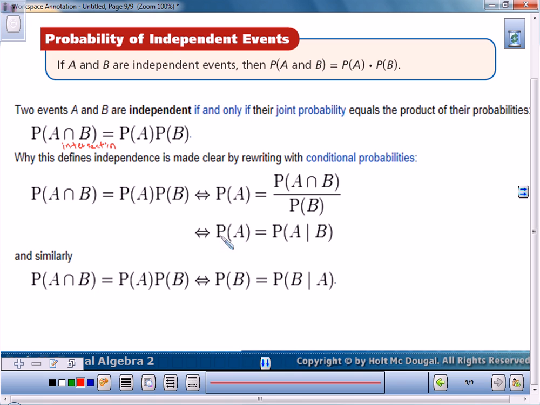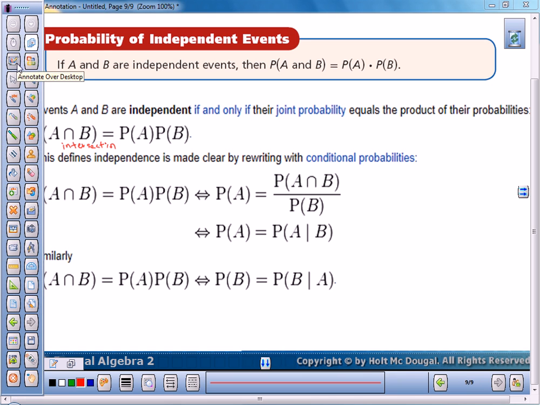So the probability of A is the same as the probability of A given B if they're independent. And we'll do some examples to where that makes more sense in just a minute. What is A given B? We're going to look at that in just a second. Given that B occurred.